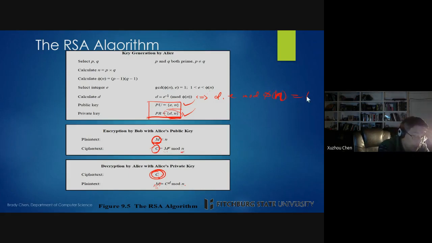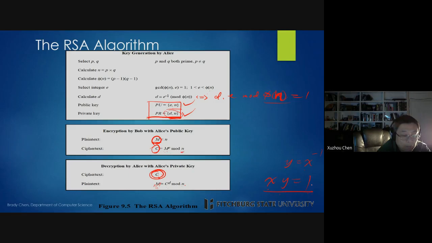Yeah, that's good. So it's not E minus 1, it's actually E to the minus 1. We use the same notation because in real numbers without modular operation, when you say x times y equals 1, then y is the multiplicative inverse of x.